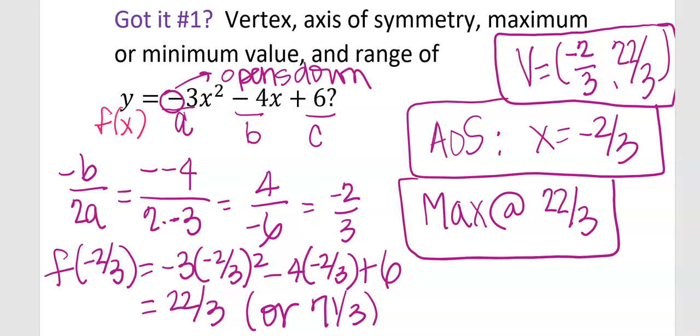So it's a maximum at whatever the y value of the vertex is. Oops, that didn't show up out there. It shows on mine. There we go. And then the range.